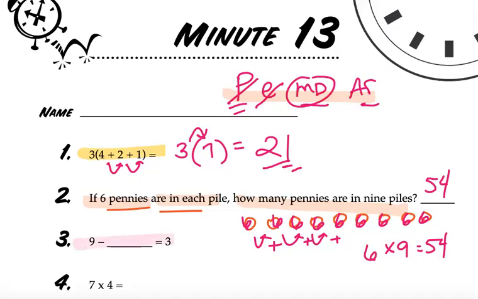If I have 9, I'm going to subtract some number in order to get 3. Or I can look at it, 3 plus, we can work in reverse. 3 plus what will give me 9? 3 plus 6 will give me 9, so 9 minus 6 must give me 3.